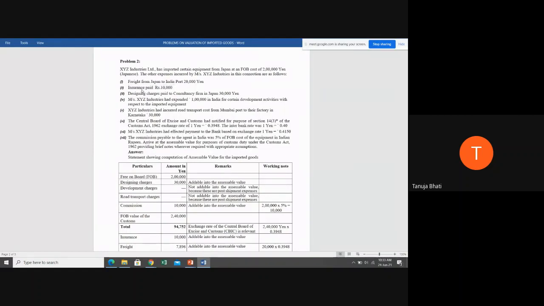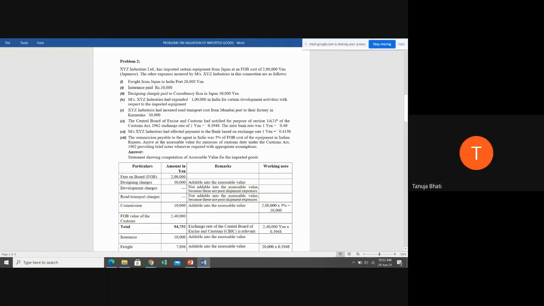So can anyone tell me, insurance paid 10,000, should it be added? And if yes, under which heading will you add it, FOB, FAS or CIF? It should be added in CIF.